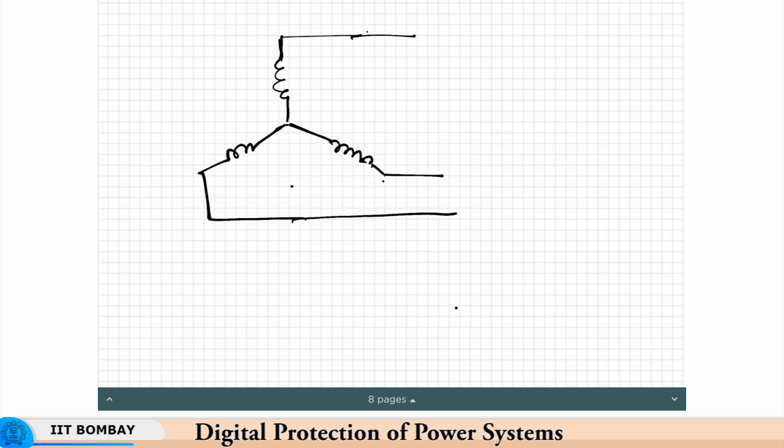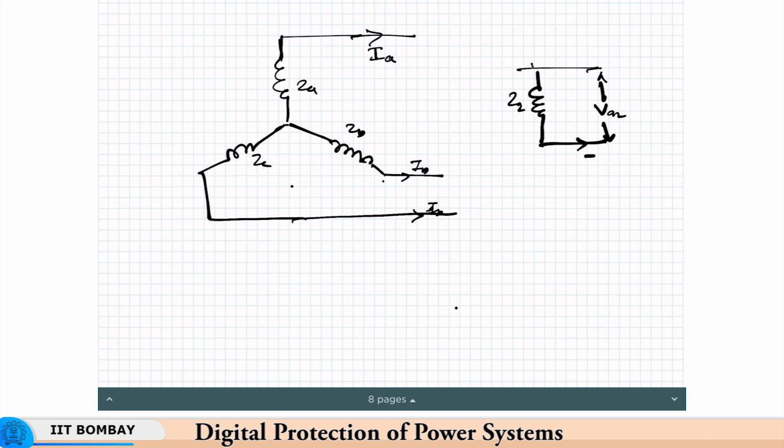Here you will not have that. This is how it will look, and the negative sequence equivalent will look like Z2, VA2, IA2. So, VA2 is equal to minus IA2 Z2.